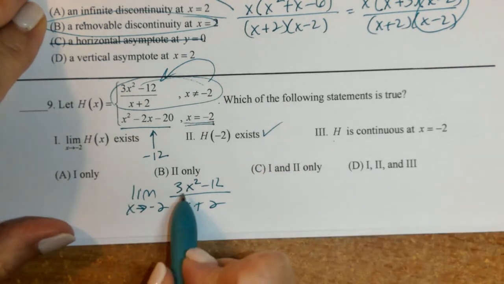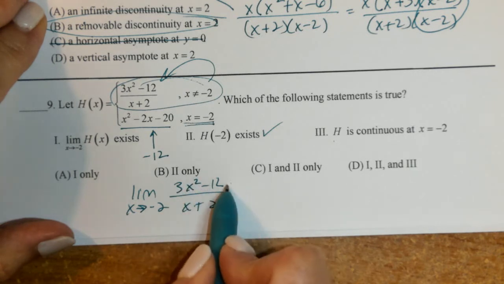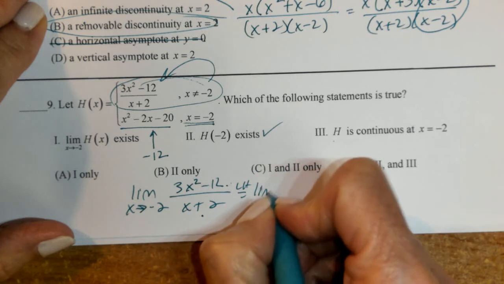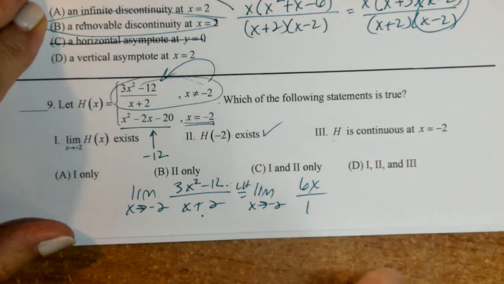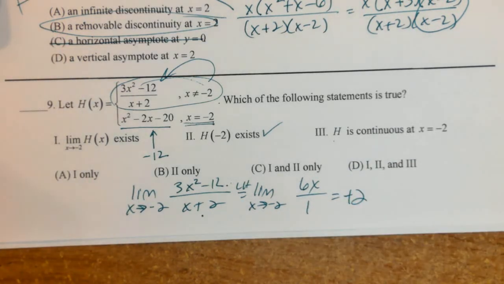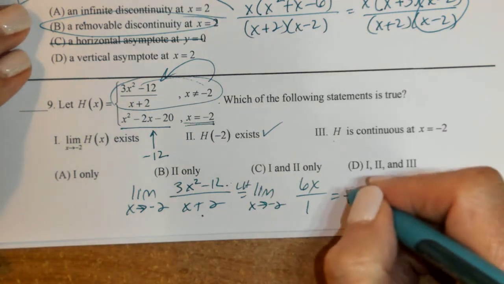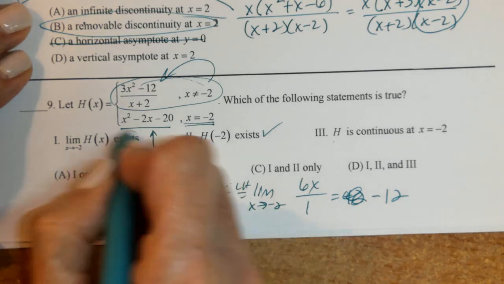So if I put in negative 2, I get 12 minus 12. I get 0 over 0, so I'm going to use L'Hopital's. Derivative of the top, derivative of the bottom. Now plug in. We get negative 12. Okay. And so the limit does indeed exist.